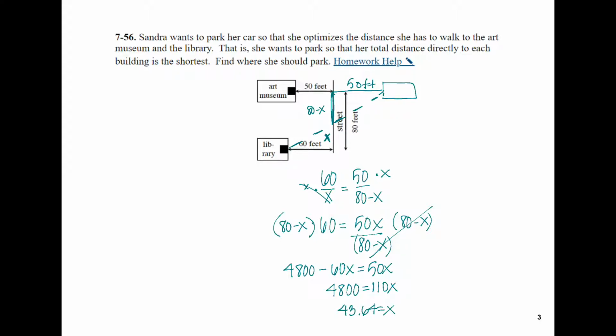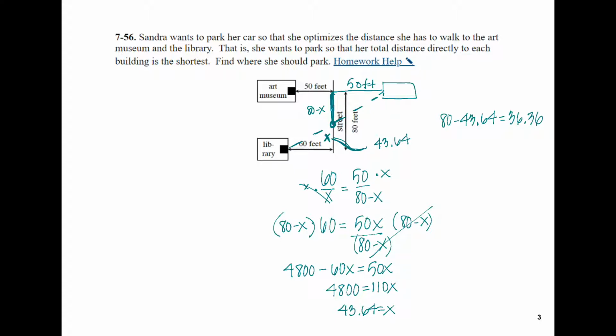43.64. We then need to see where we need to park, so we need to plug that x value back in. If we park 43.64, in order to figure out where this point is from the art museum side, we would take 80 minus 43.64, which gives us a distance of 36.36 feet.